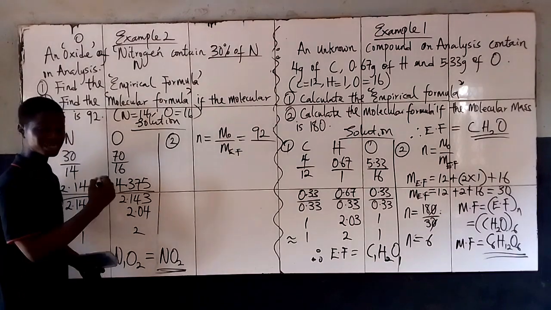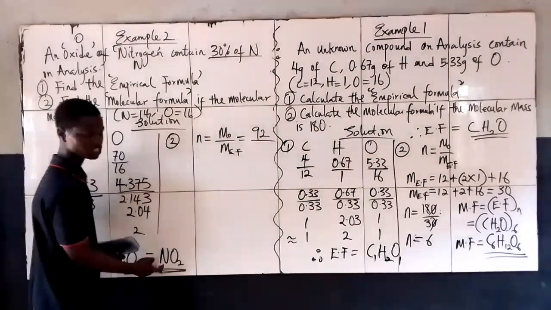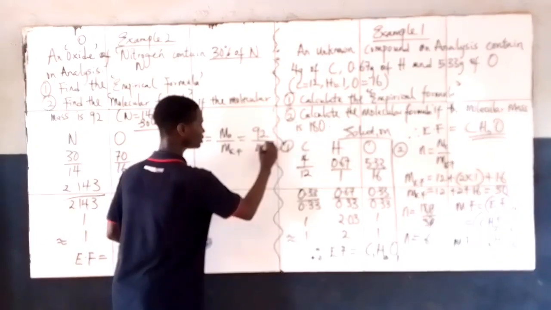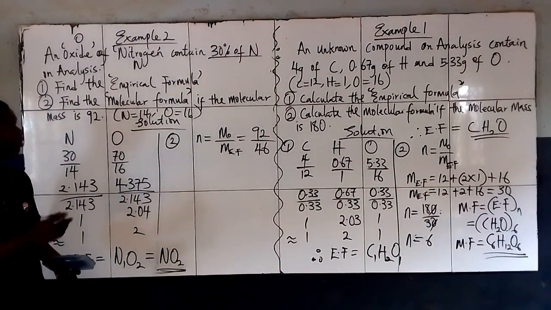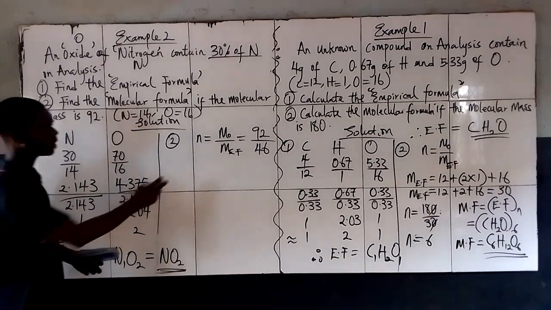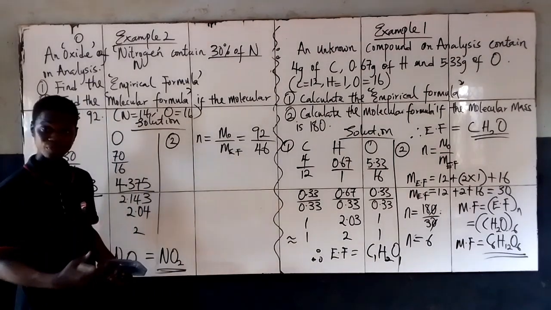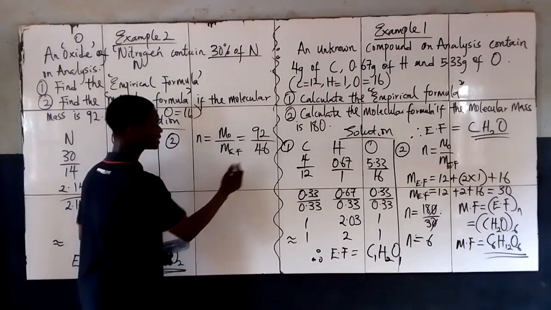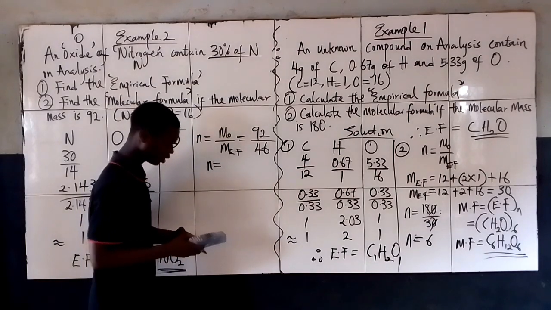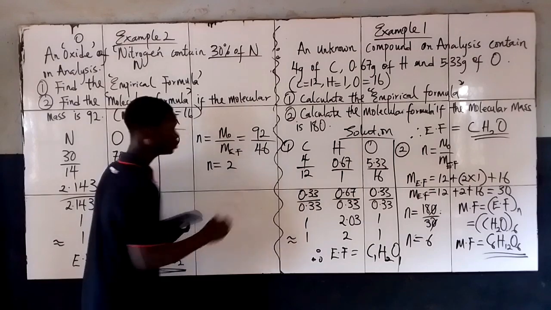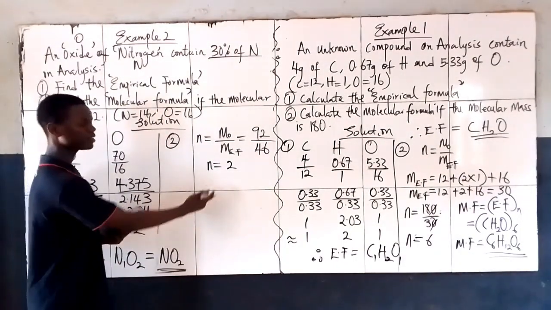If you do that yourself, you also get 46. So 92 divided by 46 gives us exactly 2. So now we have the number of atoms.